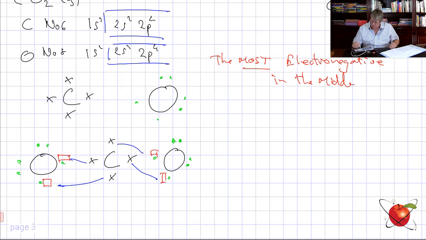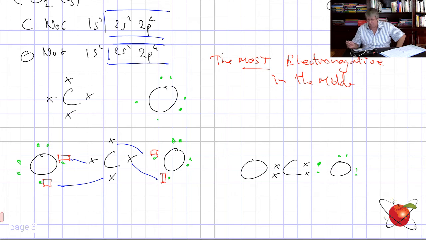So my eventual structure looks like this, doesn't it? What do we have? We have the carbon. Let's put the crosses there. Those are these 4. And the oxygen, let's go back to the greens. Got a bond there and a bond there. 1, 2, 3, 4.